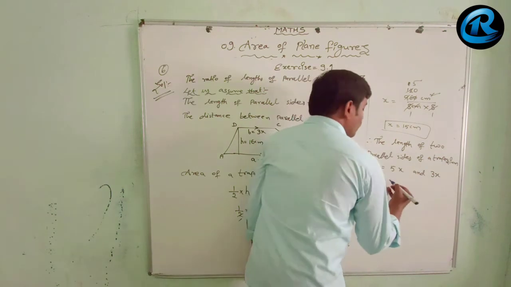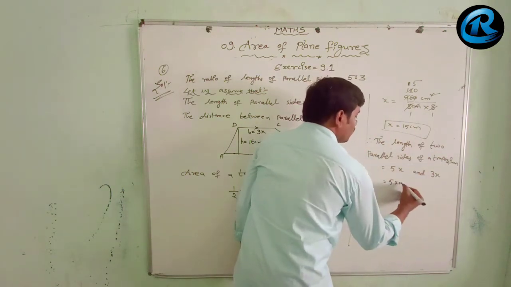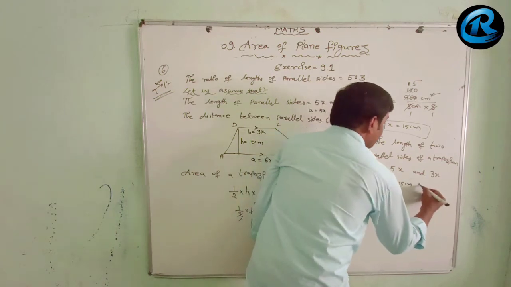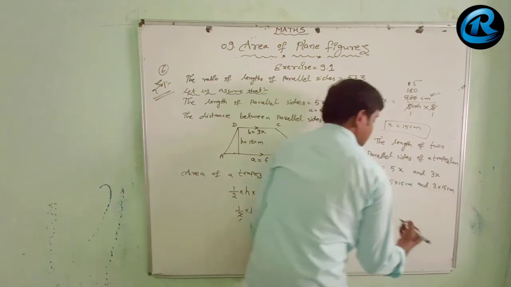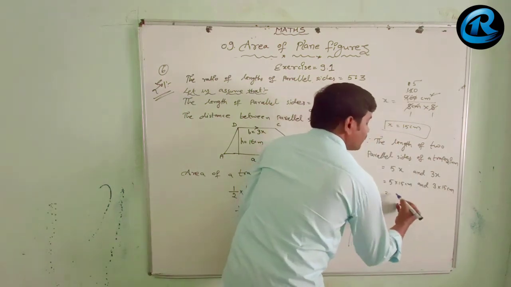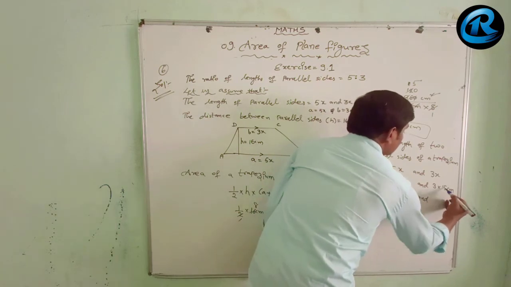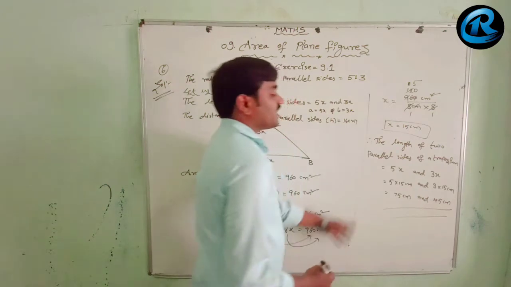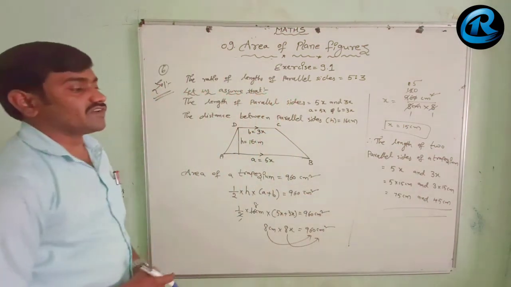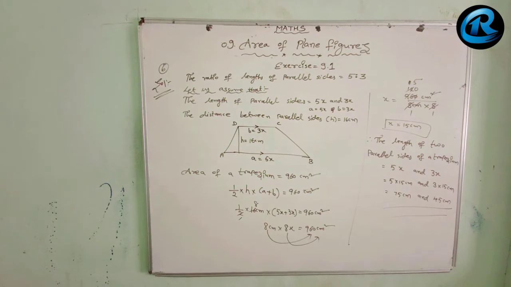Here the x value is 15. So 5 into 15 centimeter and 3 into 15 centimeters. 5 into 15 is 75 centimeters and 3 into 15 is 45 centimeters. So the length of the parallel sides is 75 centimeters and 45 centimeters.